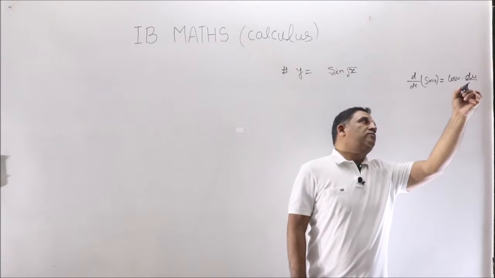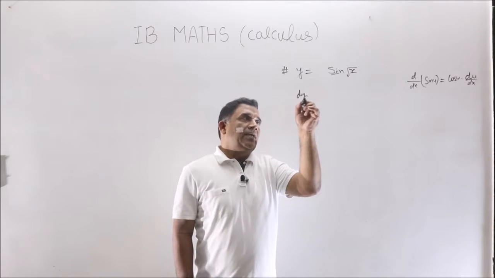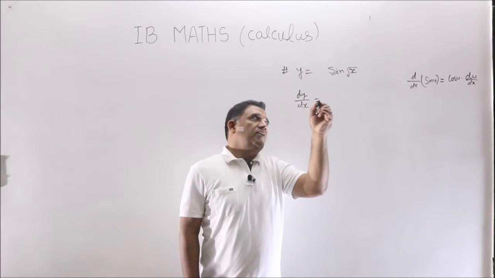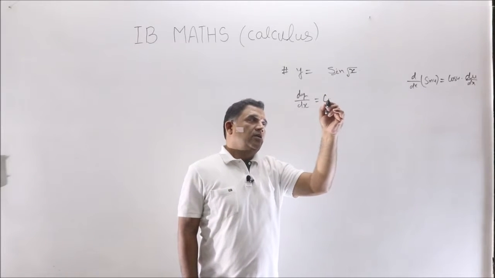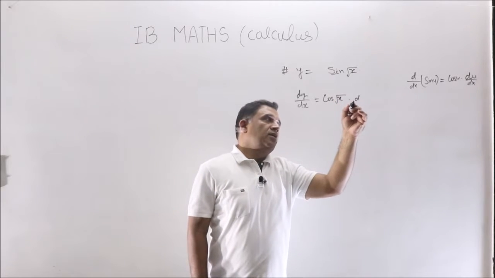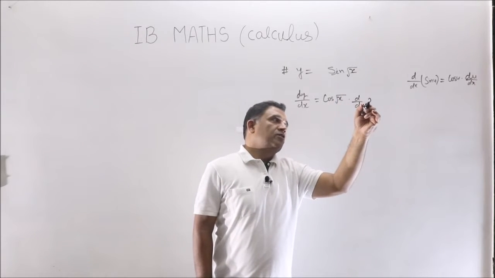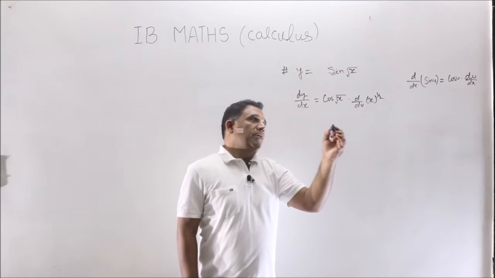So dy by dx would be, first we write cos of the square root of x, times the derivative of the square root of x, that is x raised to power 1 by 2.